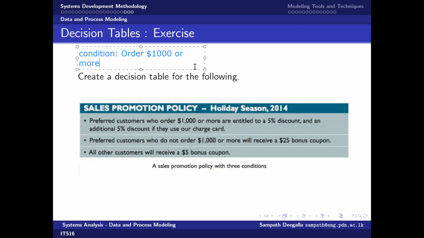Right, that's one condition. The second one will be they use their charge card. Exactly. So the second condition, whether they have used our charge card. Use of charge card.